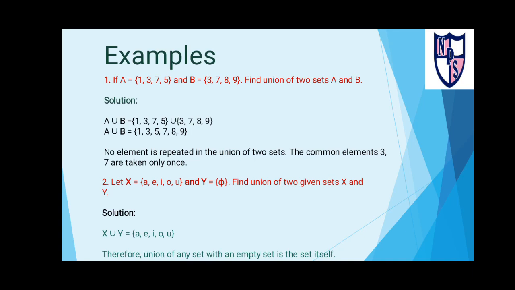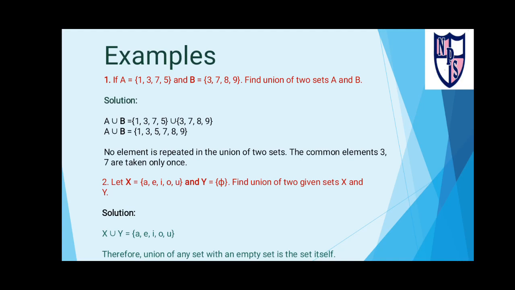In this example 1, we have two sets A and B and we have to find the union of these two. Elements of A are 1, 3, 7 and 5 and the elements of set B are 3, 7, 8 and 9.